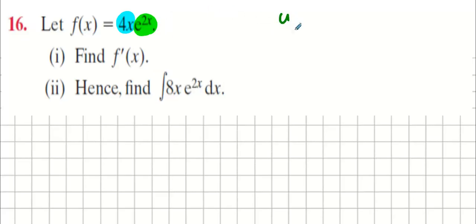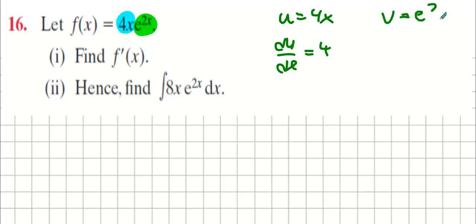Okay? u is 4x, du dx is 4, v is e to the 2x, dv dx is 2e to the 2x. Is that okay?